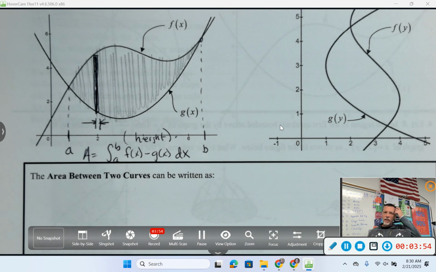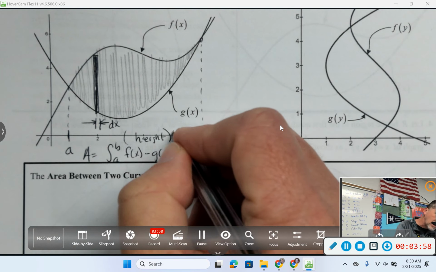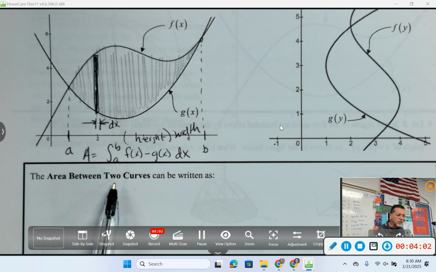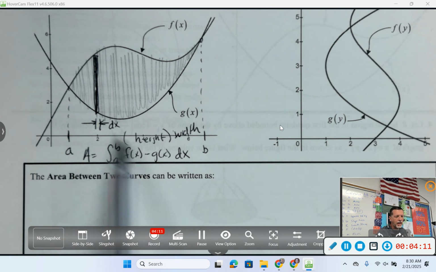And the width of that rectangle, it's really, really small. We say that's dx. So we're adding up all the height times width. Like there's a gazillion small little bitty rectangles in there. We're going to add them all up. Height times width, f minus g dx.